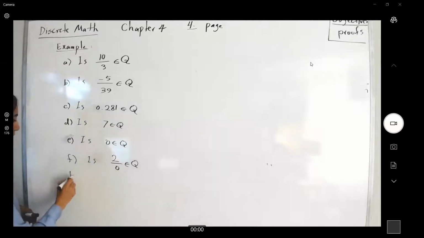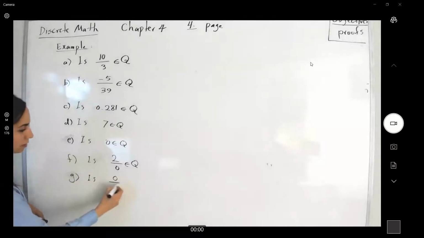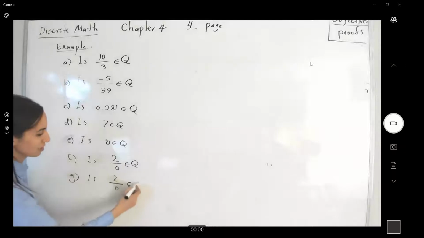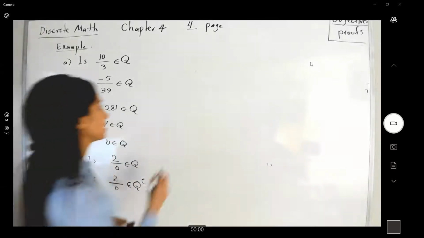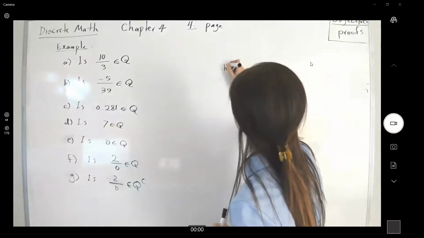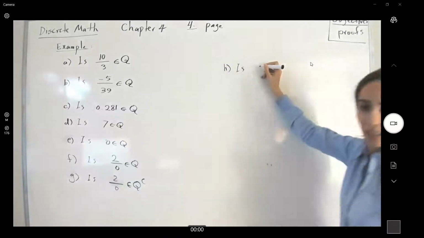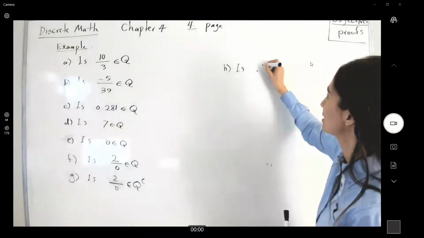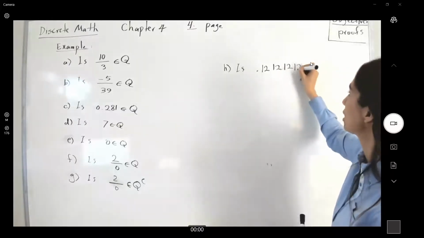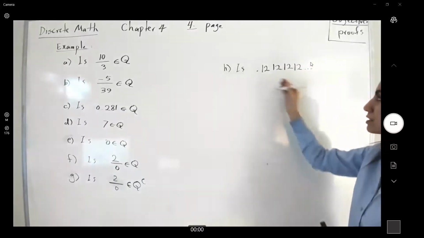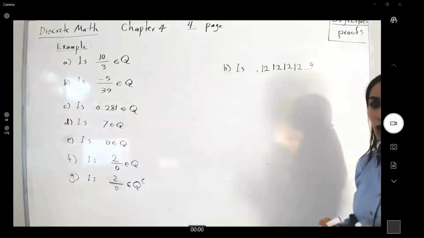What if I flip this? G, I'm sorry, what if I change this to the complement? 2 over 0 is irrational. And finally, we have 0.12, 12, 12, 12. So 12 is repeated non-stop.